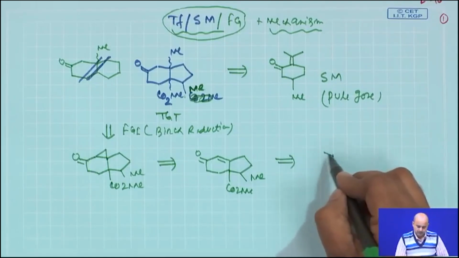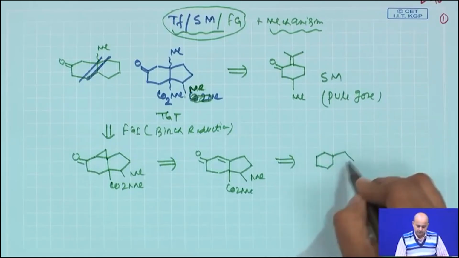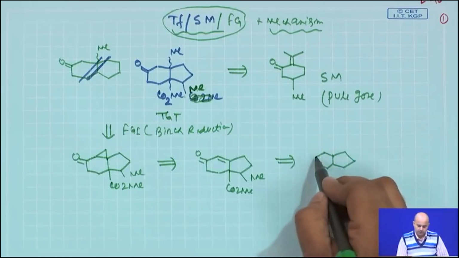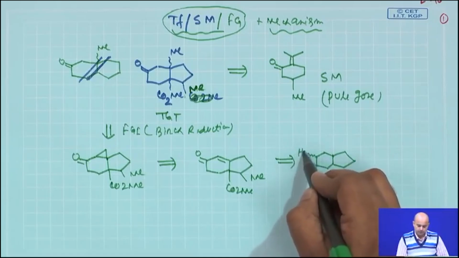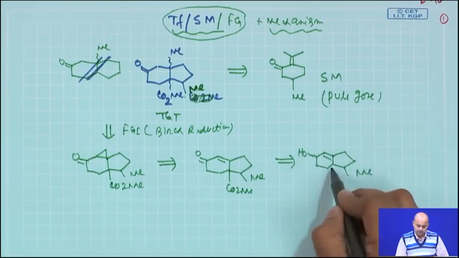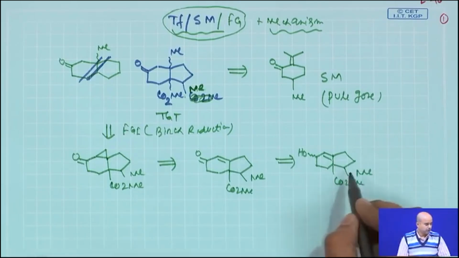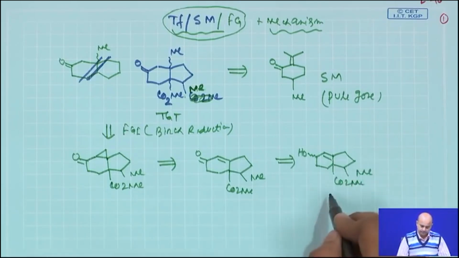Now, this Simmons-Smith is fine, but you need to access this alpha beta unsaturated ketone, and so we will do it from an alpha beta unsaturated alcohol. The remaining part of the structure is all similar.